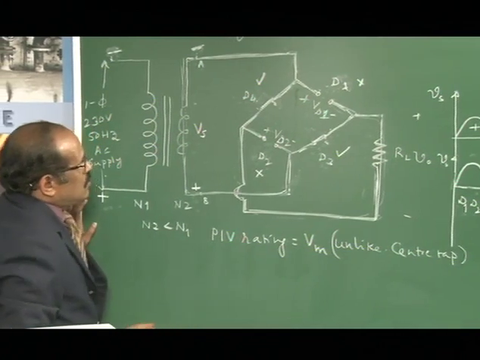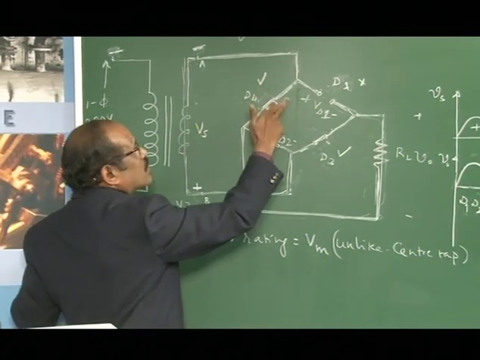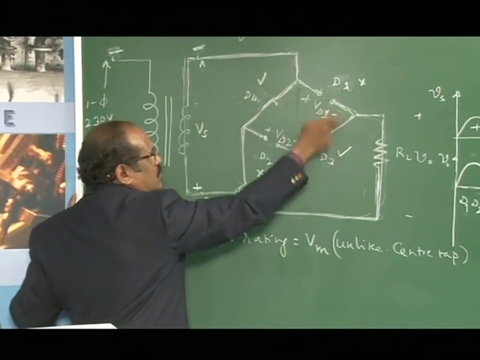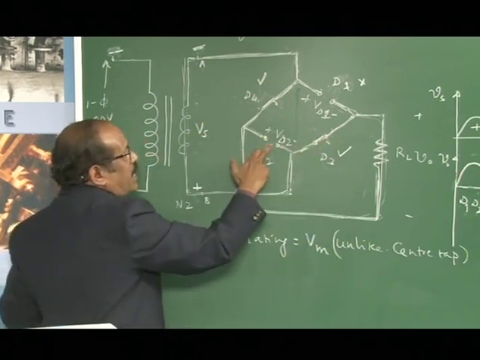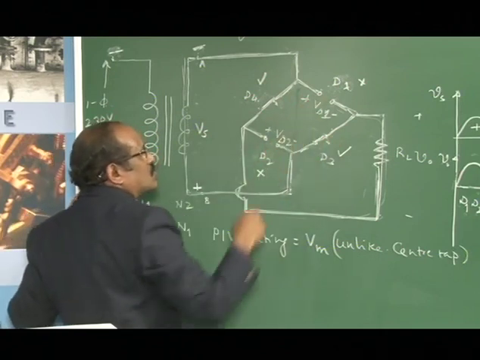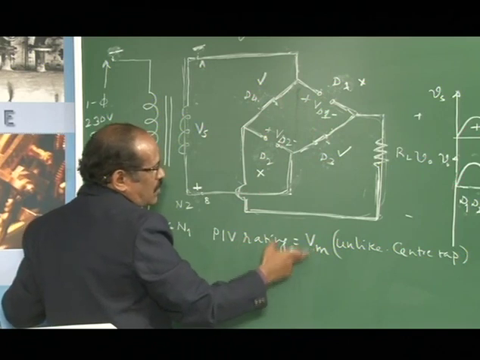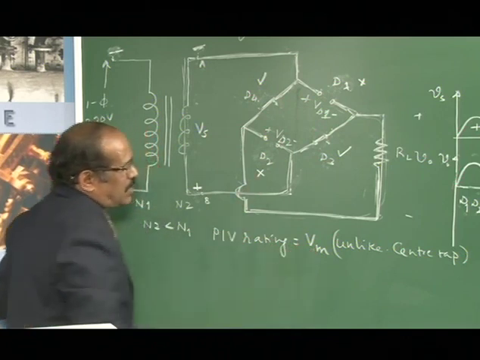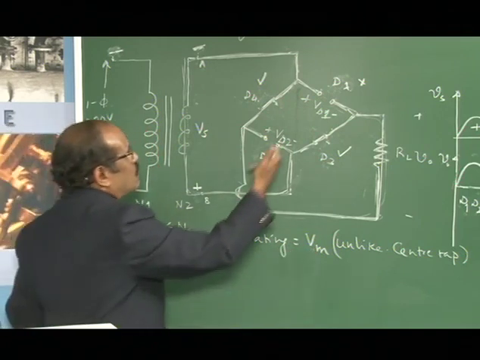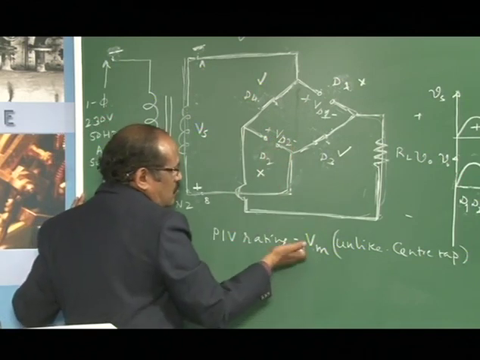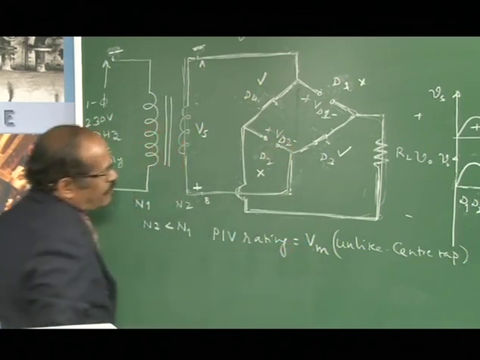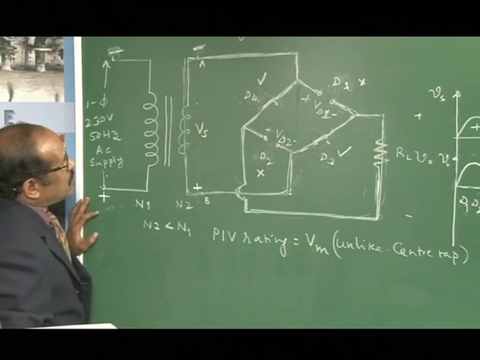That is the advantage here. Even though this bridge rectifier uses 4 diodes, since the PIV rating of the diodes is Vm only, the cost as well as the bulkiness of the diodes reduces, and accordingly it is preferred over the center tap configuration.